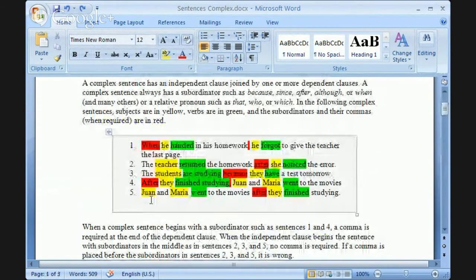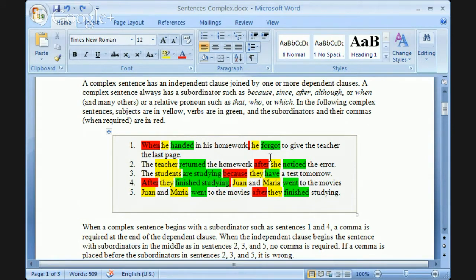Now, here we see some examples in which the subjects are yellow. The subjects are nouns, always, of course. Subject nouns, or subjects, are always nouns. The verbs are indicated by being highlighted in green.